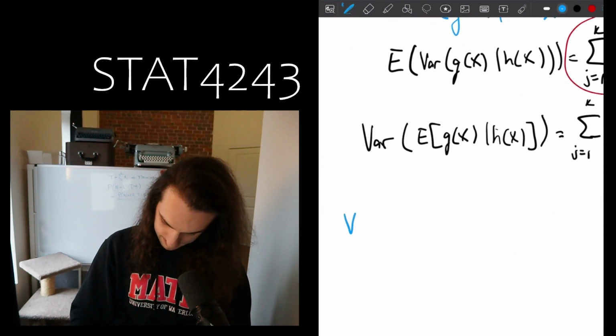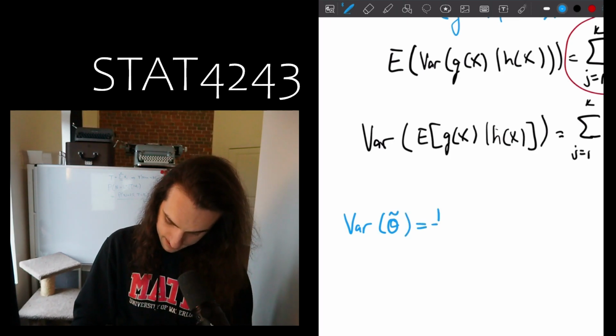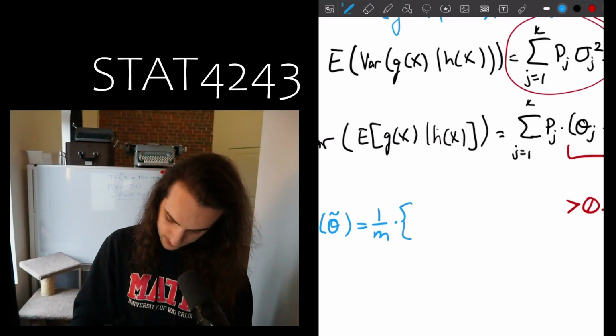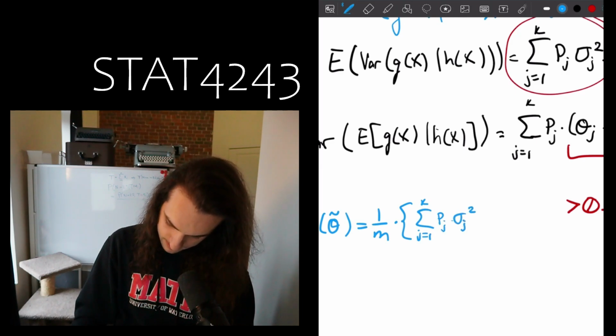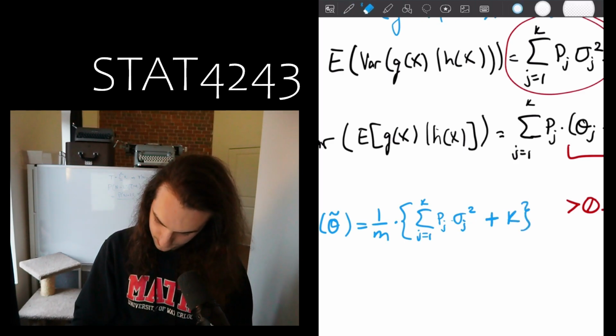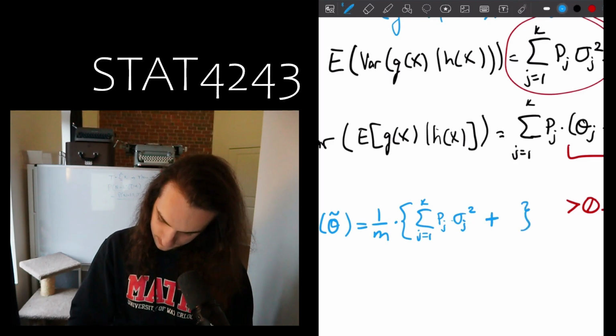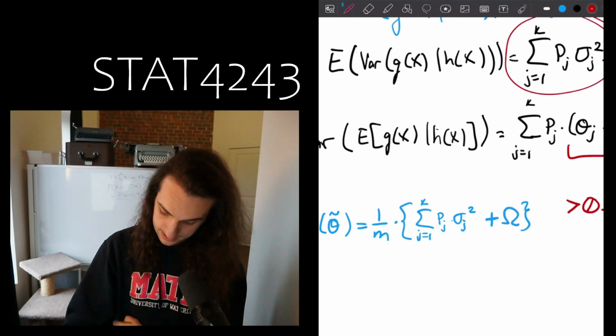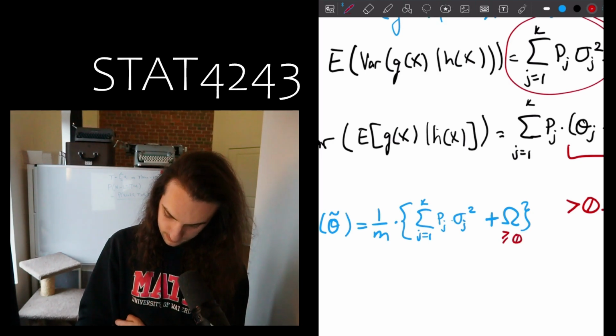Taken all together then, the variance of theta tilde is 1 over m times that first term we were looking at, which is the sum over j from 1 to k of p j sigma j squared, plus something. I'll put in a different notation here. We'll just add on omega, and omega is greater than or equal to 0.